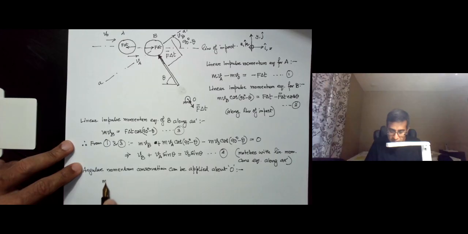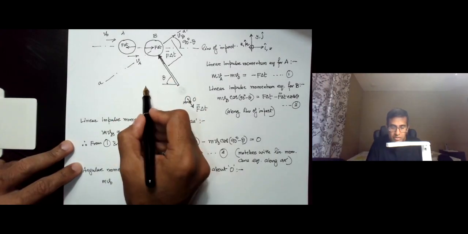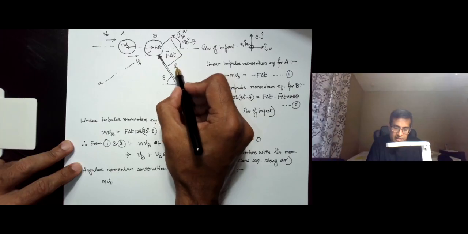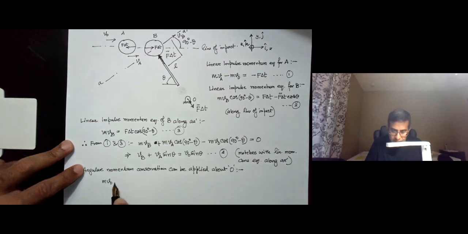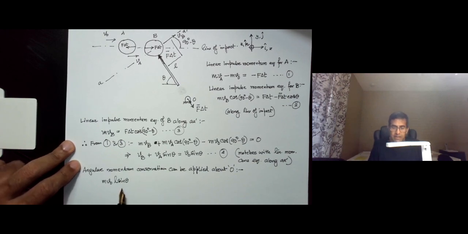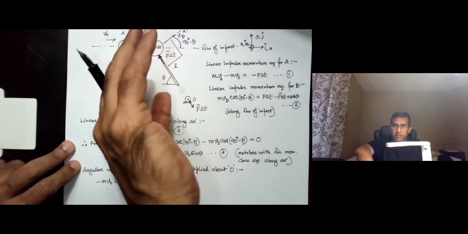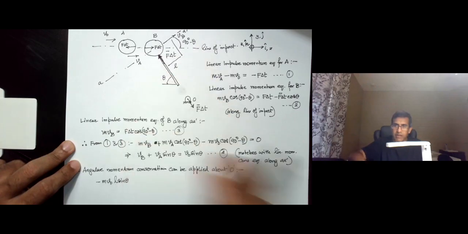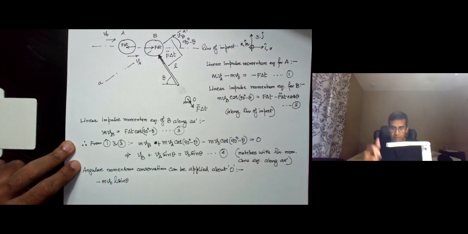You have mv0, and the perpendicular distance from the point O is, let's say the length is L, so L sine theta is the perpendicular distance, with a negative sign, because it produces angular momentum into the page, and z is positive going out of the page.